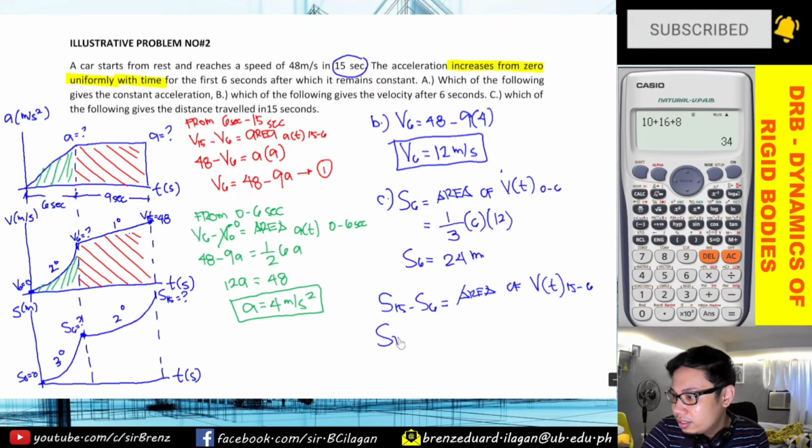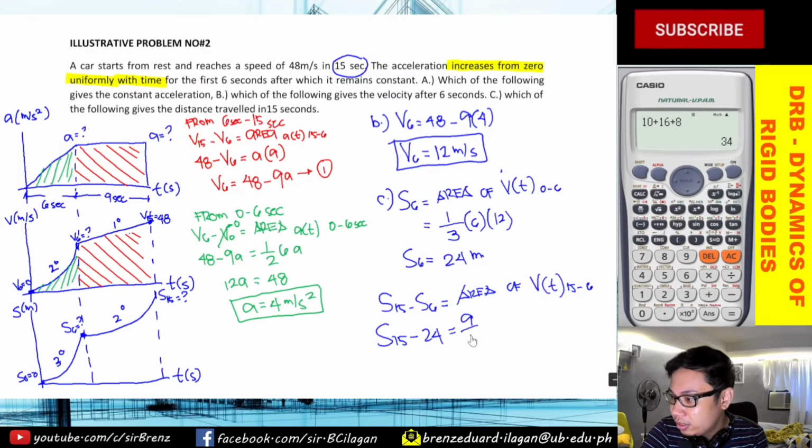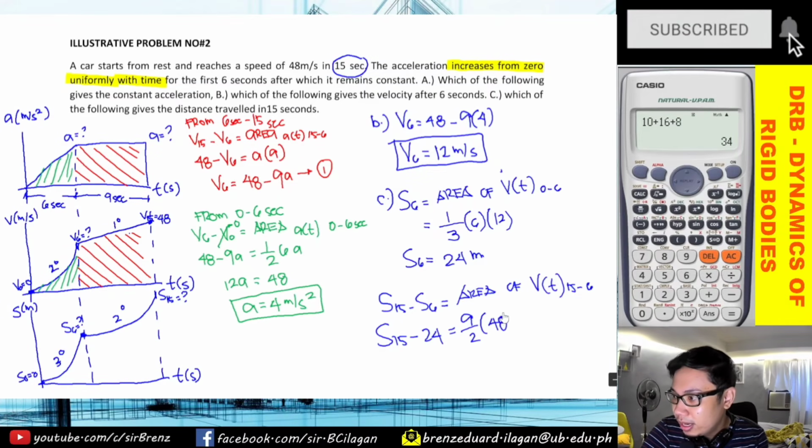So we have S15 minus 24 is equals to, ayan, area lang ng trapezoid, or that will be h over 2 or 9 over 2 multiplied by the quantity of base 1 plus base 2, which is 48 plus 12 or yung V6.